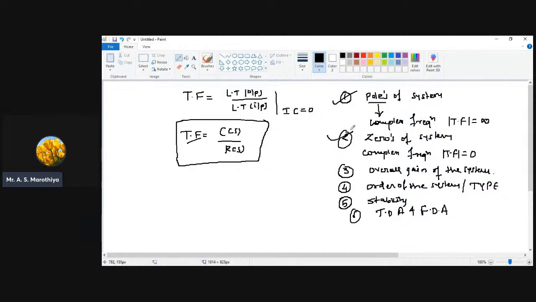Then the zeros of the system, which are those complex frequencies where the magnitude of the transfer function is 0. Then the overall gain of the system, the order and the type of the system. Then we can also find out the stability, followed by the time domain and frequency domain analysis response of the system. That is important.